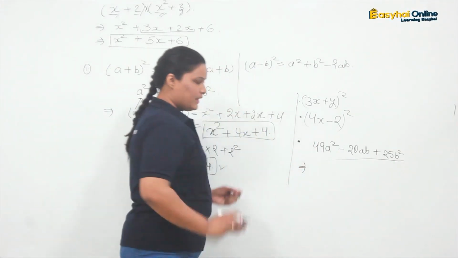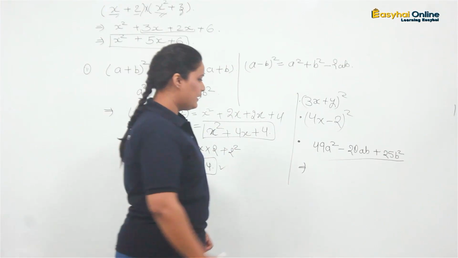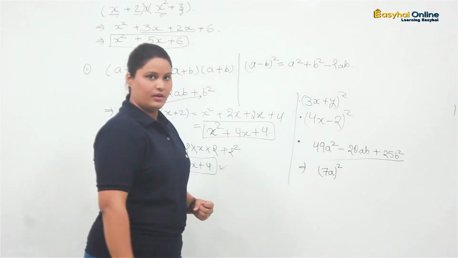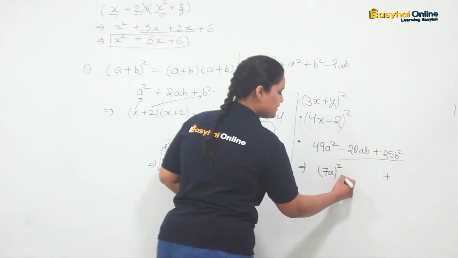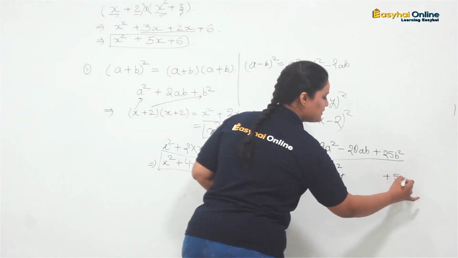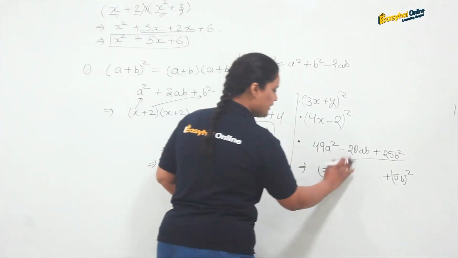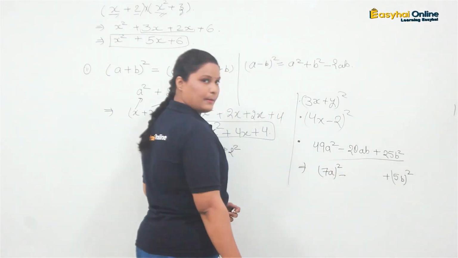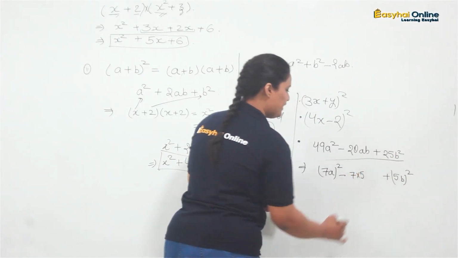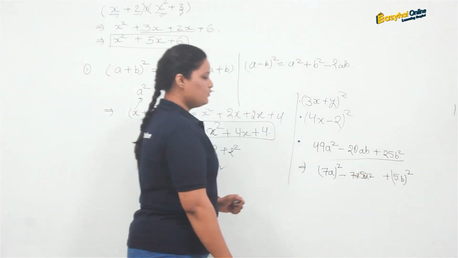So we think about it: 49 is the square of 7, so we can write it as 7a square. Now 25 is the square of 5, so we can write it as 5b square. Is it clear? Now it is minus, and 7a into 5b into 2.